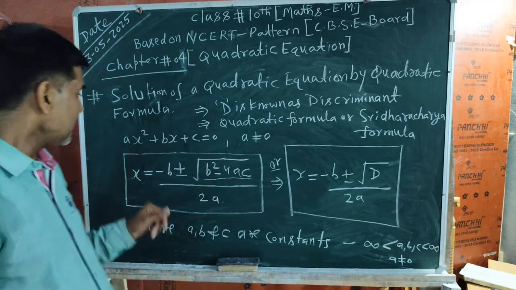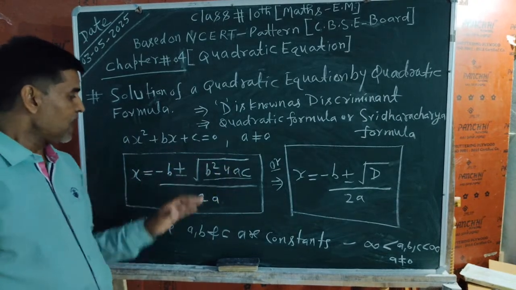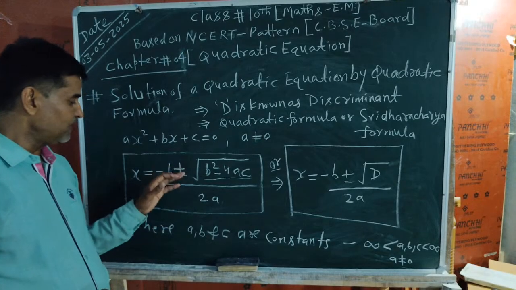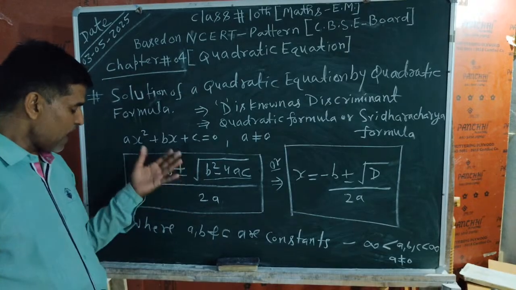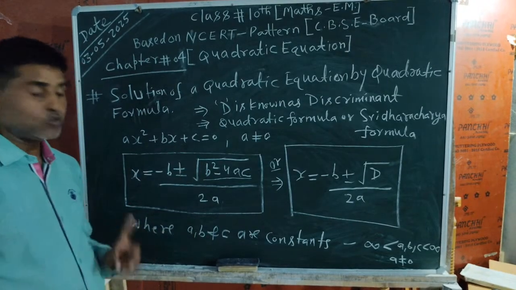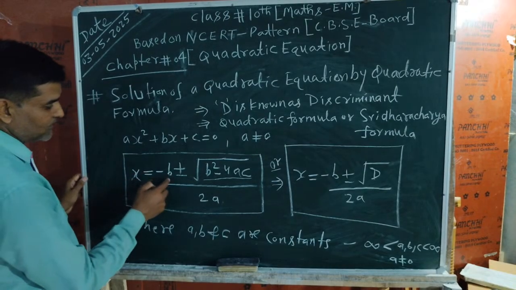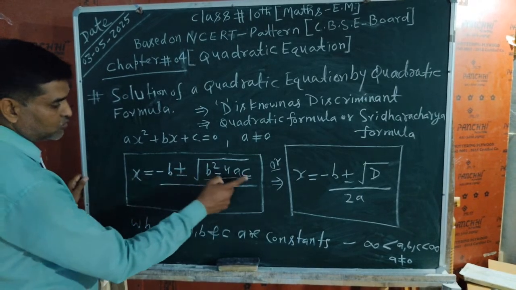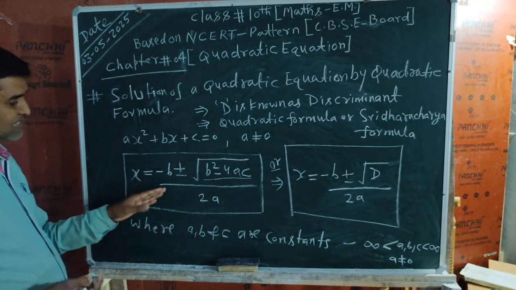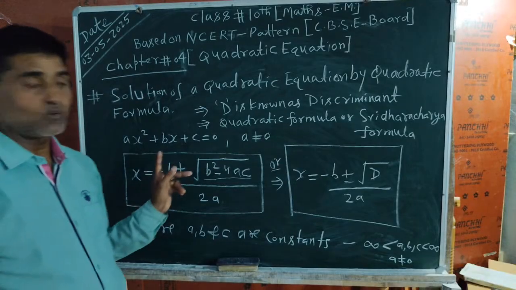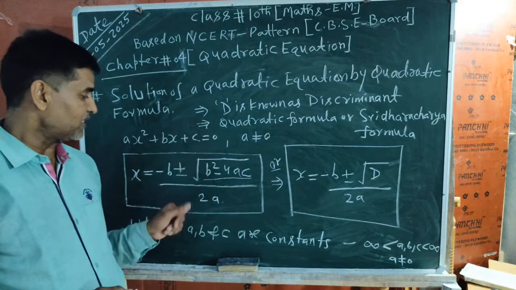After comparing I will get the values of a, b and c, and substitute in this expression. After simplifying I will get two values of x, because x is equal to minus b plus minus root under b square minus 4ac divided by 2a. One time I will take the plus sign in this formula, I will get one value, and that value is a root of that quadratic equation.